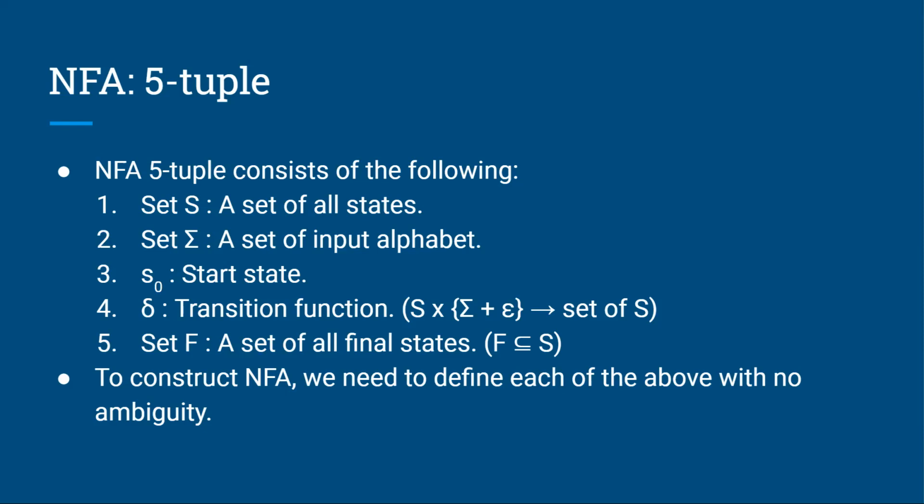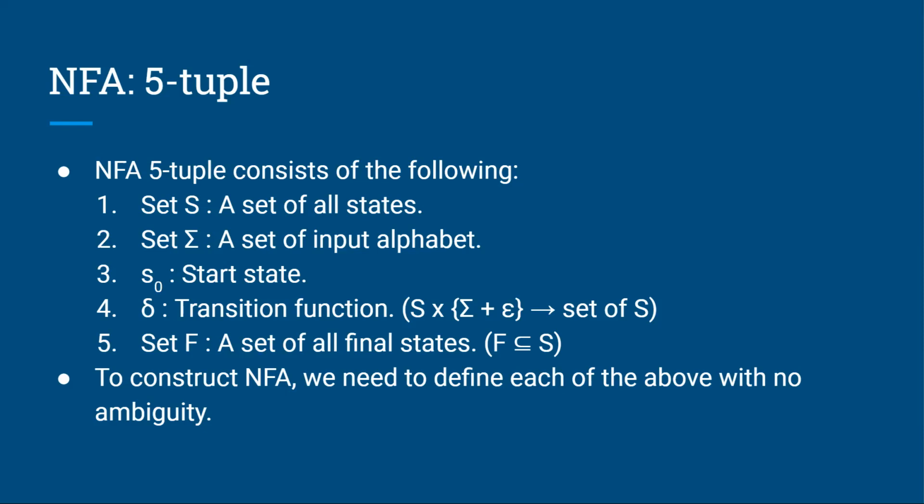We also have sigma, which is the set of input alphabet. We also have the start state. It is a designated start state, and the program always starts running at the start state.